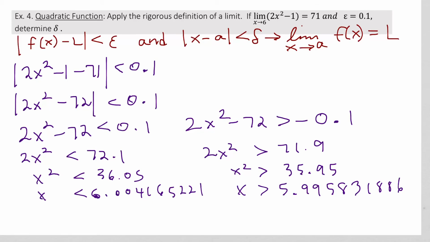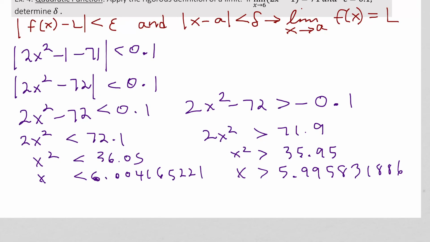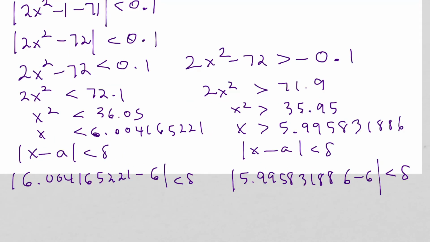So now we bring in the absolute value of x minus a is less than delta. A is 6. We're going to use that in both of these places, and substitute x and a. All right, so I did the substitution there.